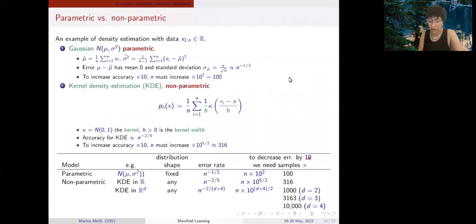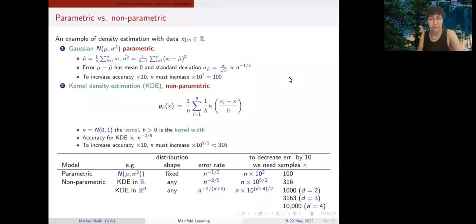And so if we compare how many more samples I need to get one order of magnitude increase in accuracy, for the same estimator with KDE, I need 300 instead of 100. But in higher dimensions, this gets worse, because the parametric rate remains fixed at n to the 1 over 2, whereas in higher dimensions, this multiplier becomes huge.